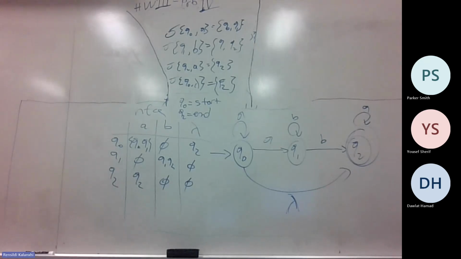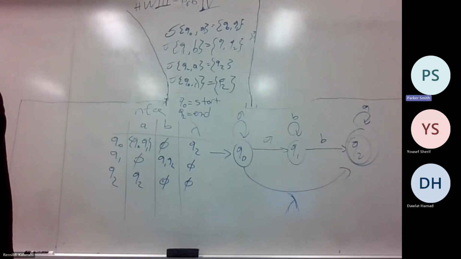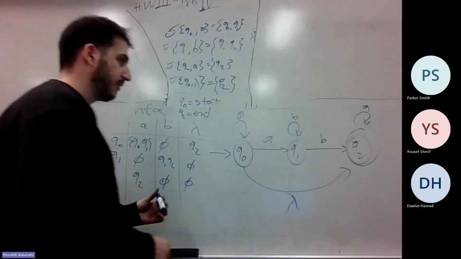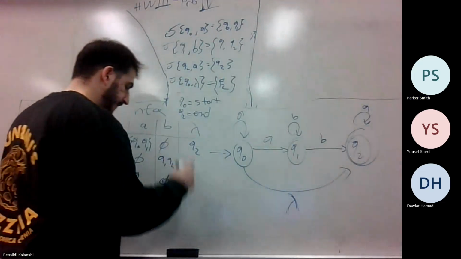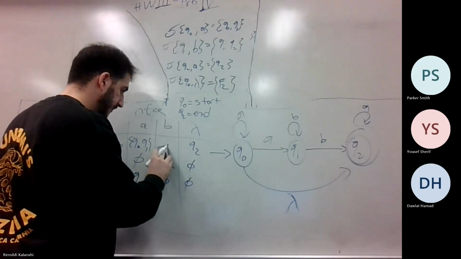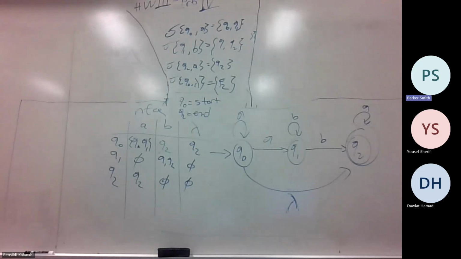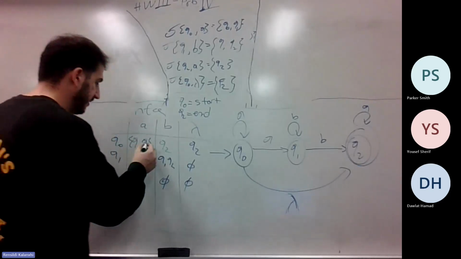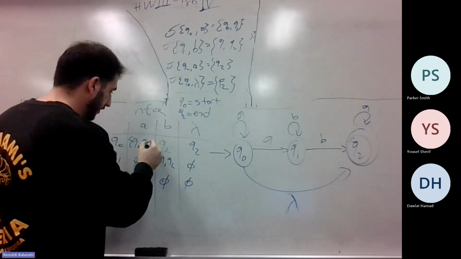Let me see, looking at the notes for a moment. Are you talking about the table? Yes, the table. Q2, because of the free flow, right? And so will A: Q0, Q1, Q2. But when we do the DFA, that will turn into... yes, sorry.